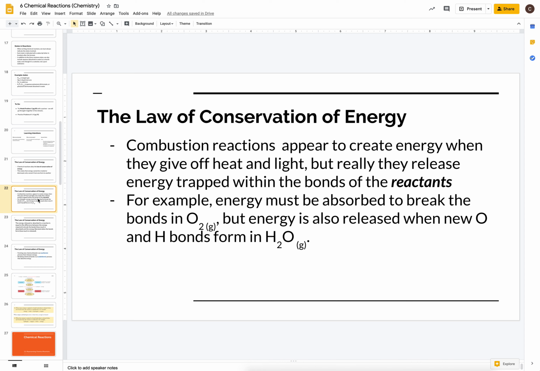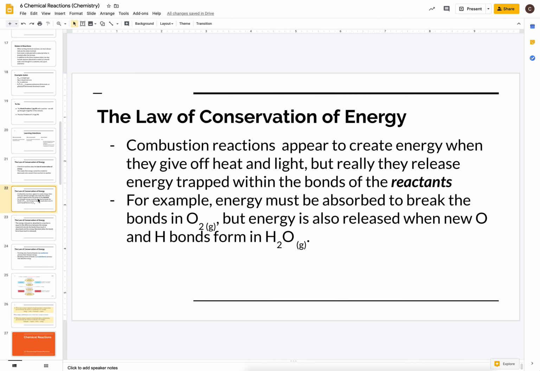And breaking those oxygen atoms apart from each other requires them to absorb energy. They're taking energy in. But new bonds also get to form between oxygens and hydrogens, which will create our H2O, our water molecules. And when those new bonds form, energy is going to be released.